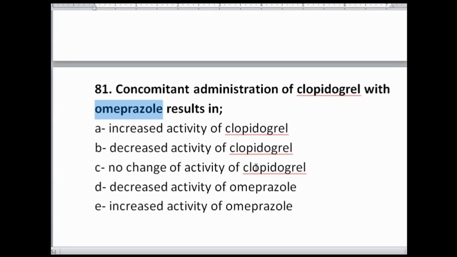So when those enzymes are activated, they will quickly metabolize Clopidogrel into its inactive metabolites. So when Clopidogrel is metabolized quickly, in our system the active Clopidogrel will no more remain, and thus its activity will decrease. So the correct option in this is decreased activity of Clopidogrel.